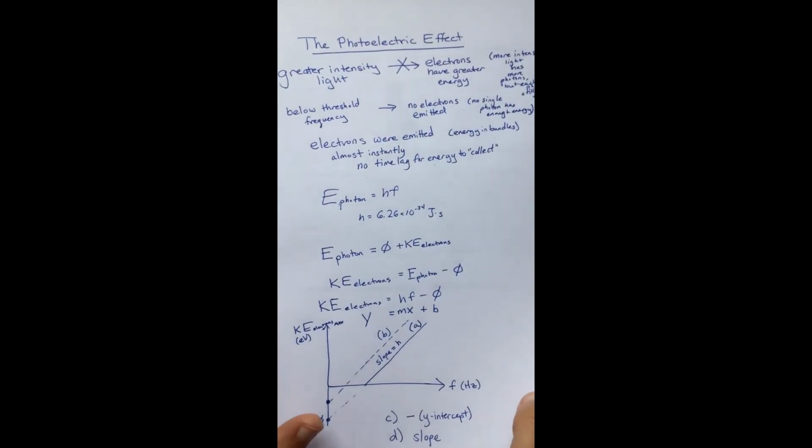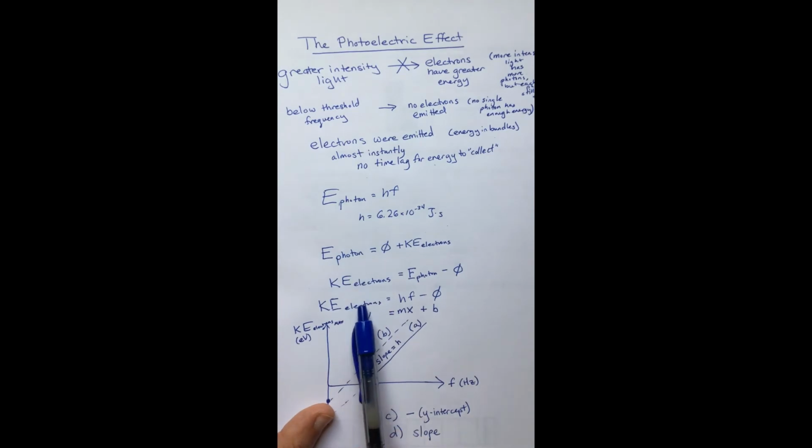Then, in part 3, we're using a metal with a lower threshold frequency. Well, if the threshold frequency is lower, that means that the work function is lower. I guess we kind of skipped this before, so let's go back to my equation for the kinetic energy of the electron.